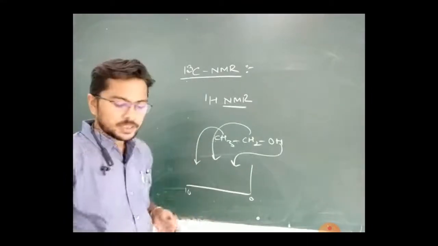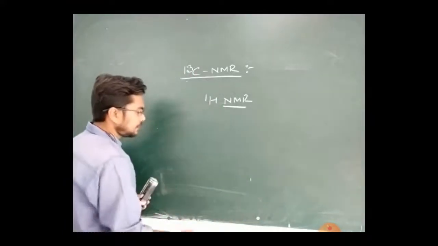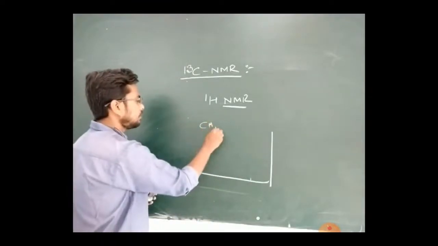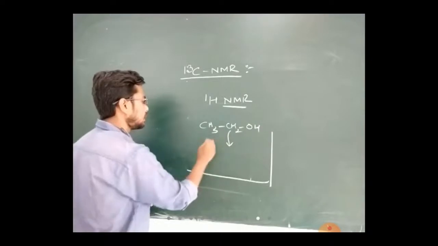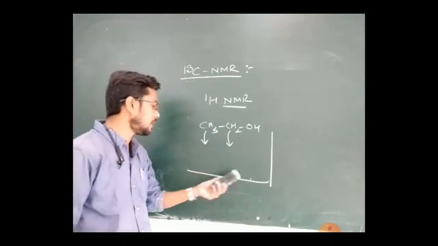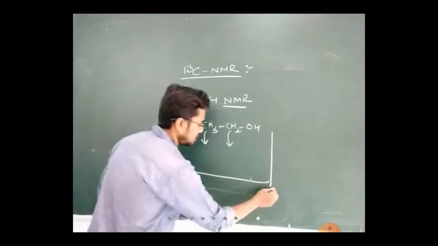But in 13C NMR you get the same delta scale, same TMS, but you get a signal for this carbon and another signal for that carbon. So for these two carbon atoms we will get signals.